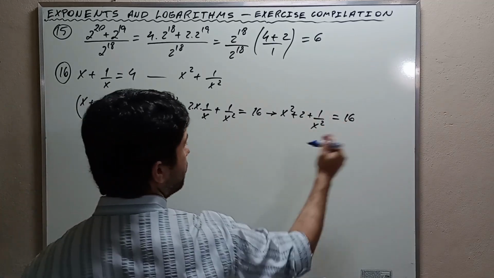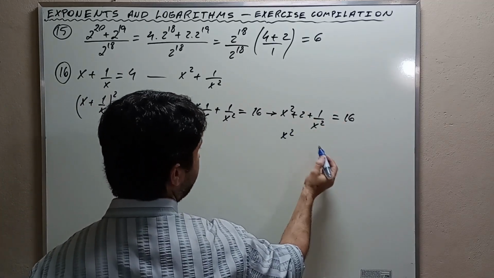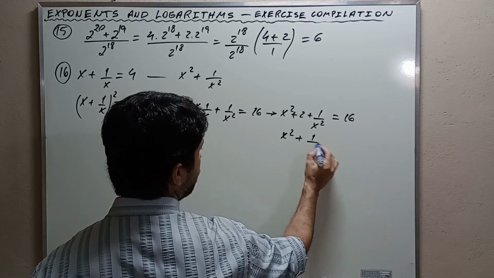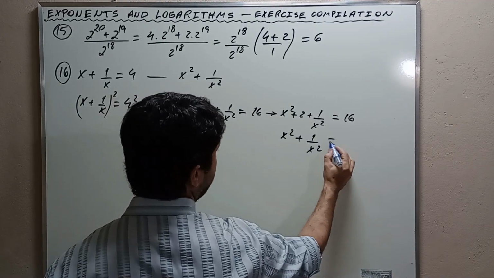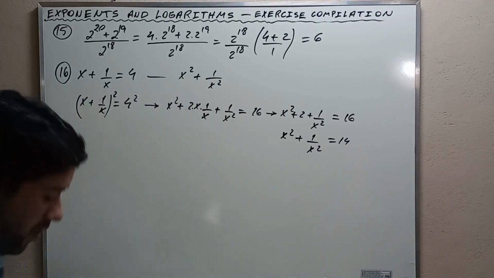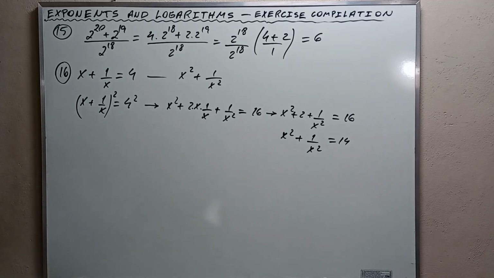We pass this 2 to the other side, and we find that x squared plus 1 over x squared is equal to 14, and this is the solution of exercise 16.